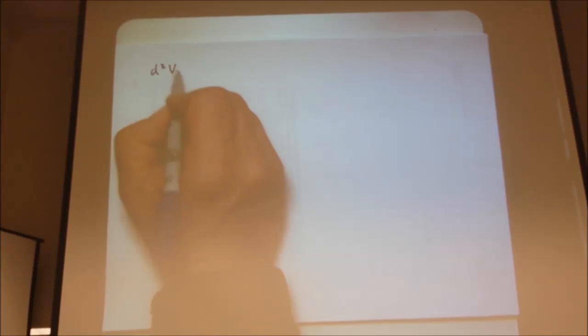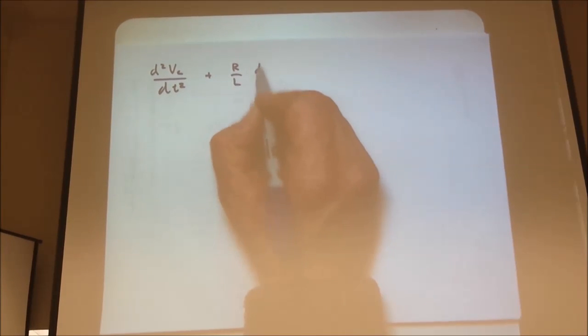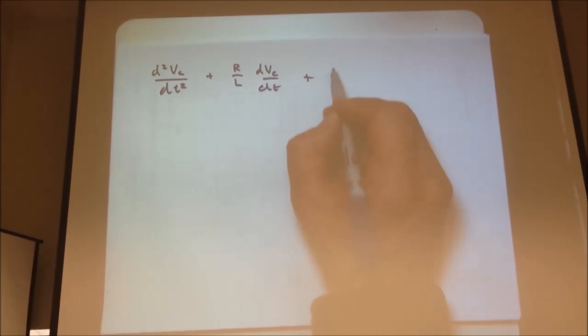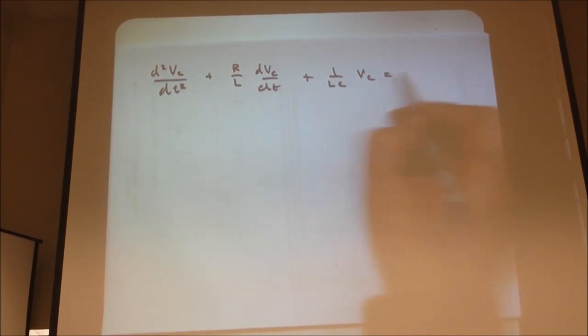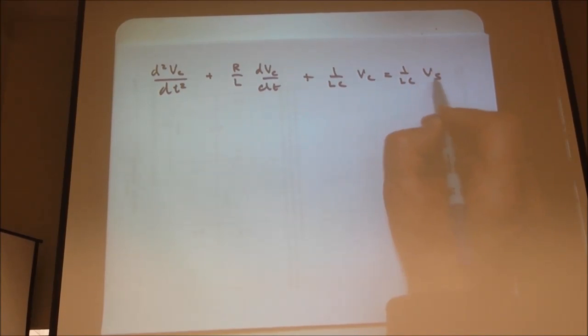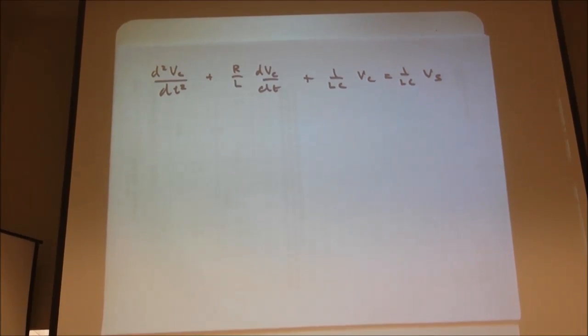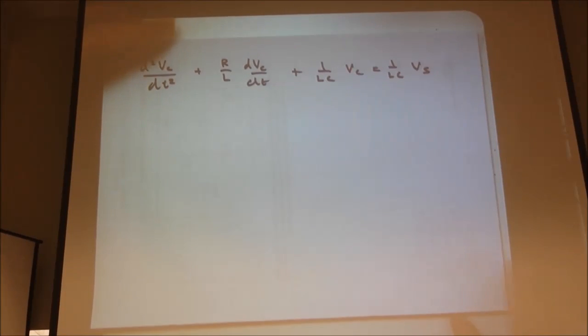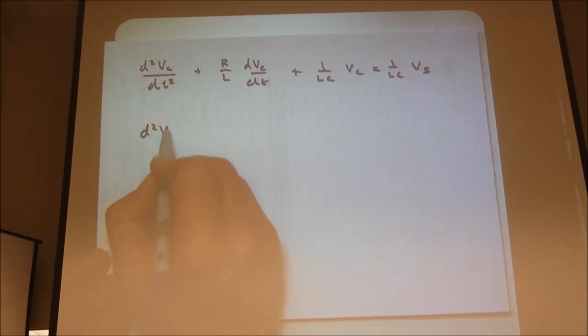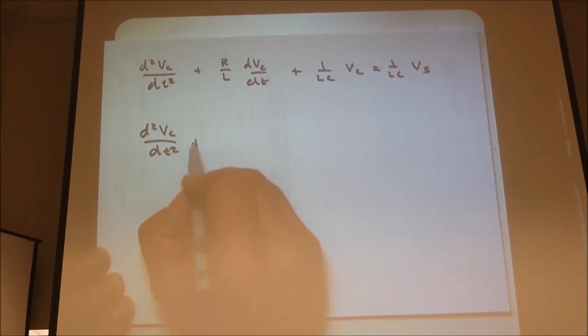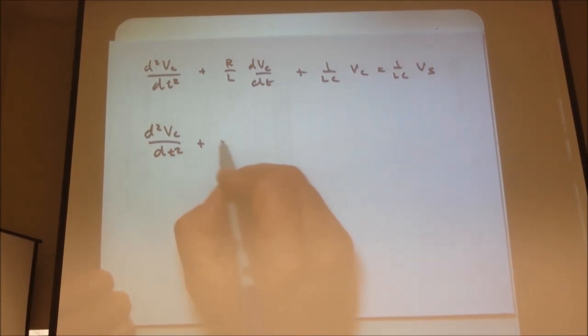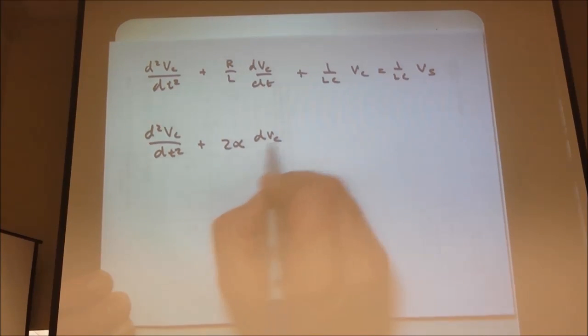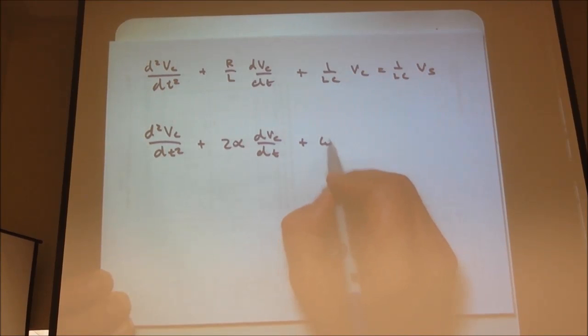Change that a little bit now. So to go back to our voltage expression, for our particular problem we had R over L, and then 1 over LC, V source. I wrote this just a moment ago as A, B, and C, but I'm going to be a little bit more circuit specific now and rewrite this in general: 2 alpha dVc by dt plus omega naught squared.